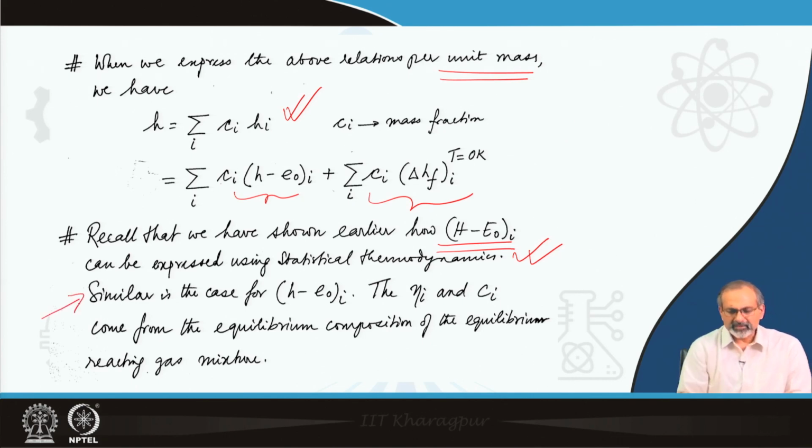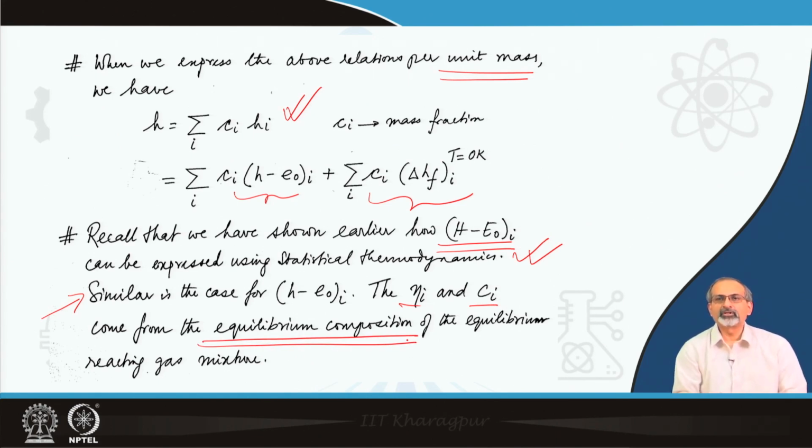Similar would be the case for the small h minus small e 0 for each species when you convert it to per mass basis, and therefore, there would be the specific gas constant coming into the different energy modes. The eta i and c i of course, come from the equilibrium composition of the equilibrium reacting gas mixture.